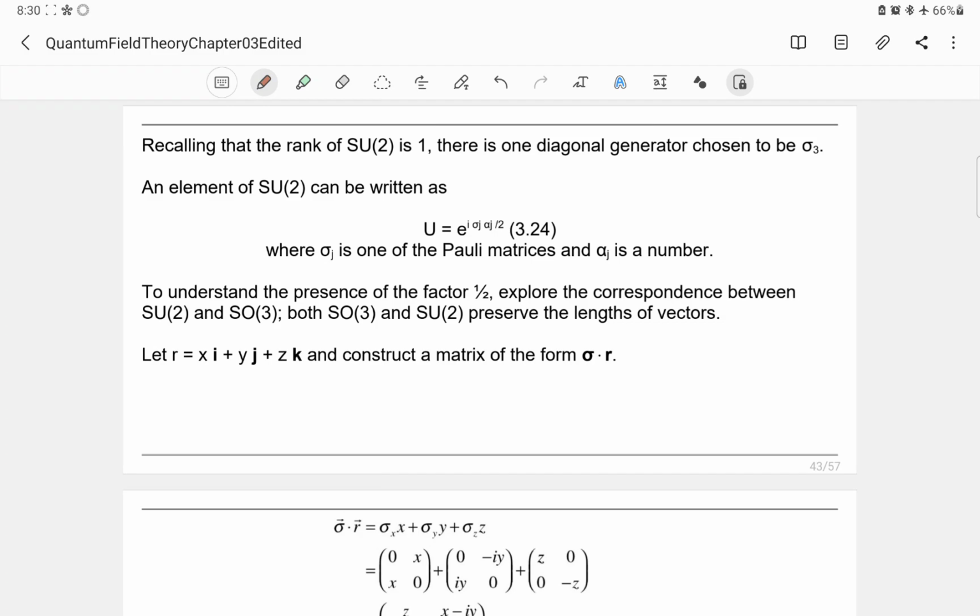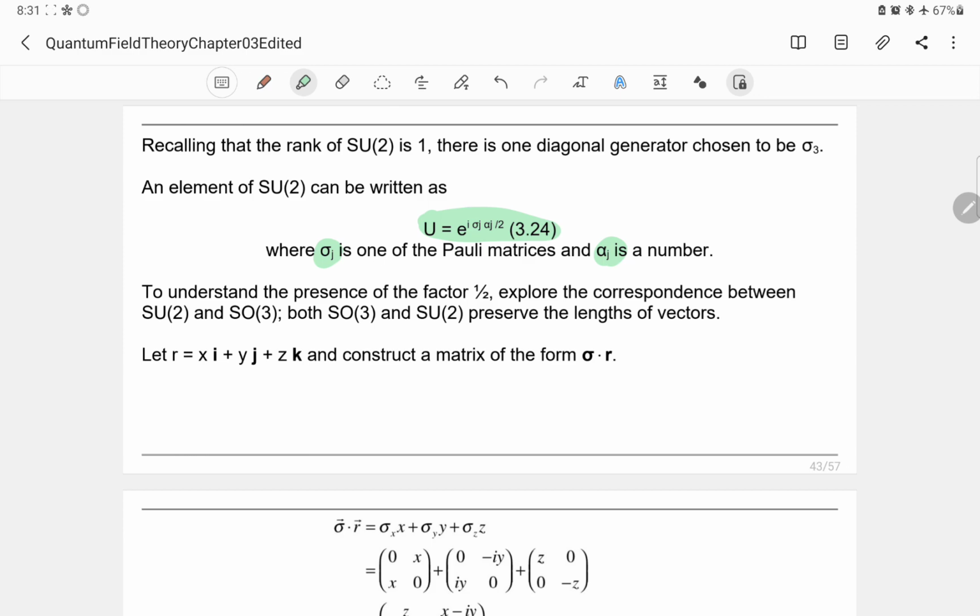So an element in SU2 can be written in this form, where sigma j is one of the Pauli matrices, and alpha j is just a number.